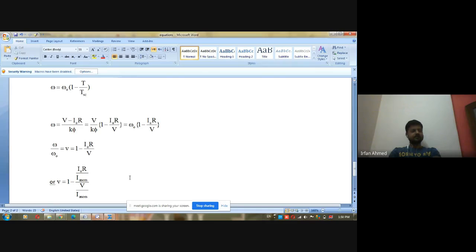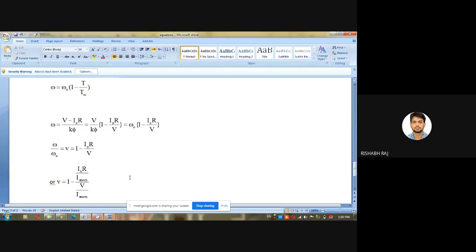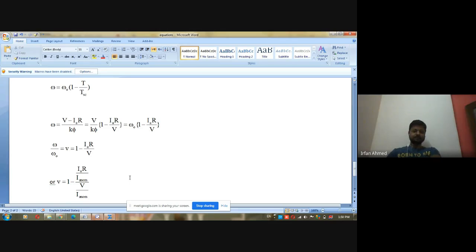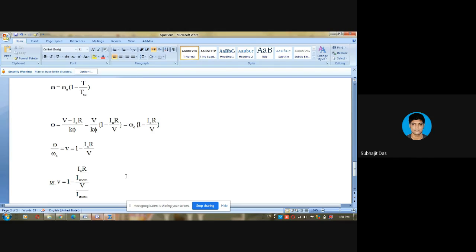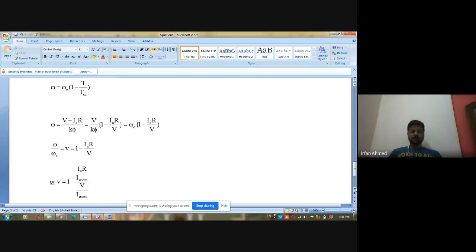Correct? Base resistance. And then this R divided by the base resistance, the actual resistance in ohms divided by the base resistance in ohms, that becomes the per unit resistance.